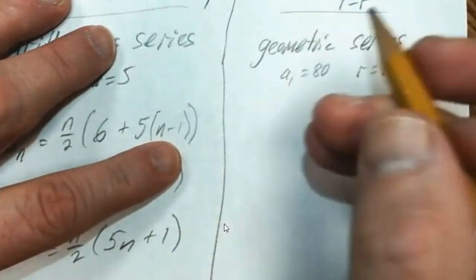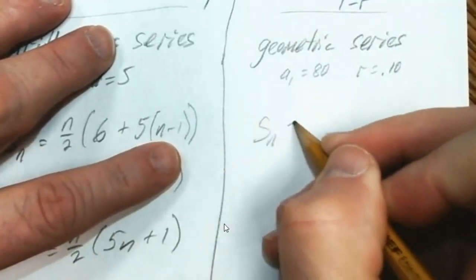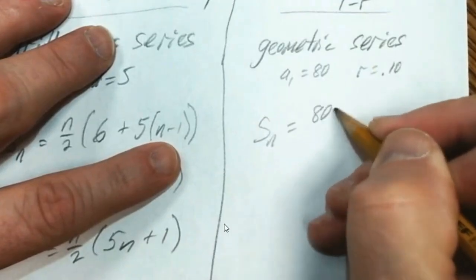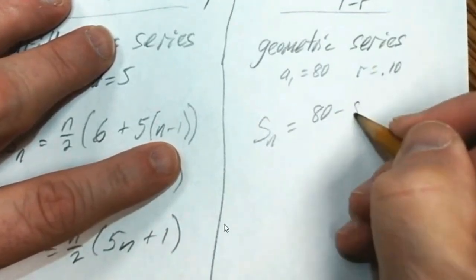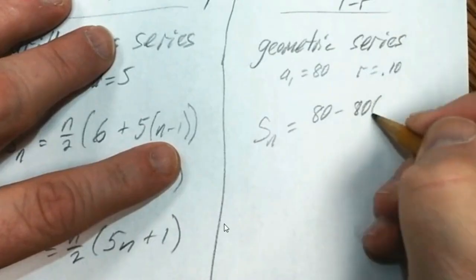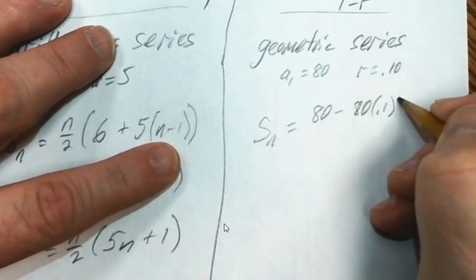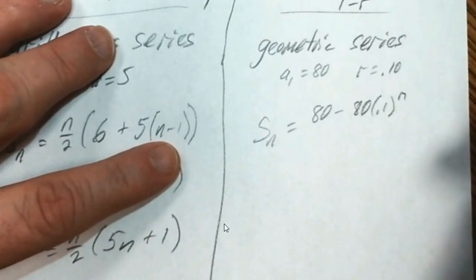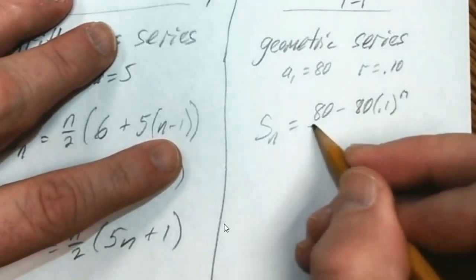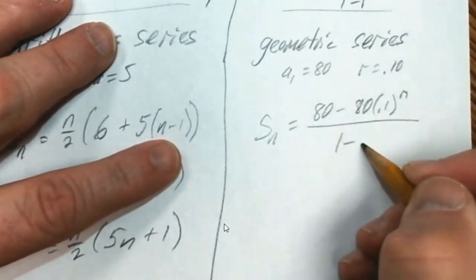So let's substitute in. S sub n equals 80 minus 80 times 0.1 to the n over 1 minus 0.1.